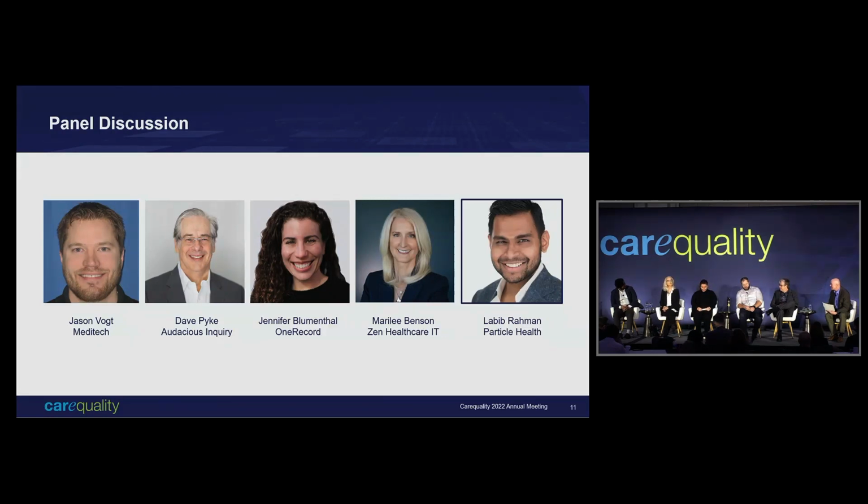Well, I don't know that I know the exact answer to that question, but I'm going to translate it into my world in terms of use cases. I think that when I was listening to the panel before, they were talking about care coordination and trying to solve this problem around minimum necessary data.